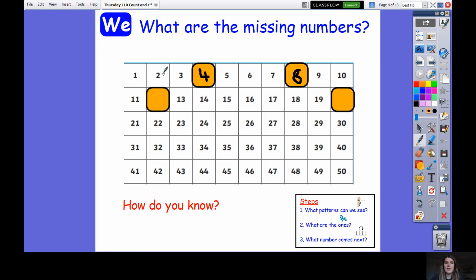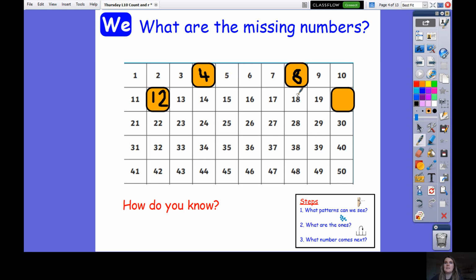Okay. 10, 11. What number could come next? 12. Very good. Are we starting to see the pattern? It's not our 5s. You think it might be our 2s? It could well be. What's our last one going to be then?